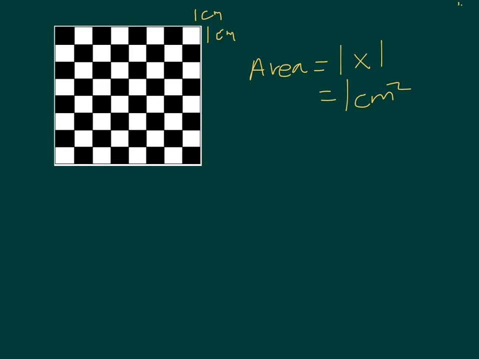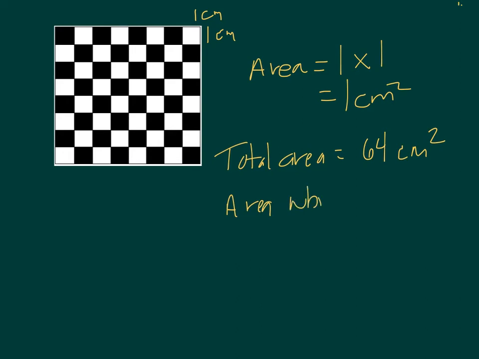If we add up all the different areas, the total area of our checkerboard would then be 64 times that, because there's 64 squares, 64 square centimeters. And the area of our white squares is 32 square centimeters.